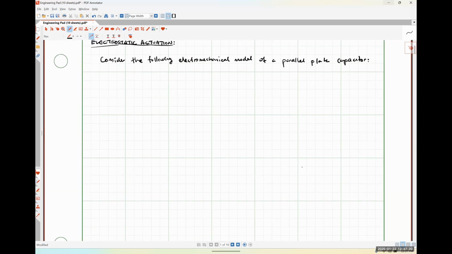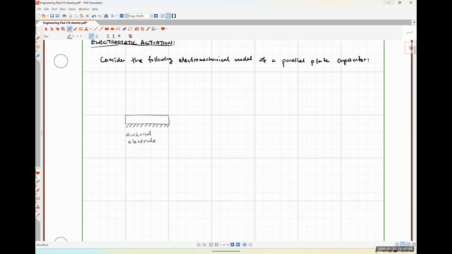I'm going to attempt to draw this. Let's put one of our plates down here towards the bottom. I know this is fairly thick, but that bit doesn't particularly matter. I'm going to draw these slashes right here to indicate that this is our anchored electrode, so it is stationary and it literally cannot move.